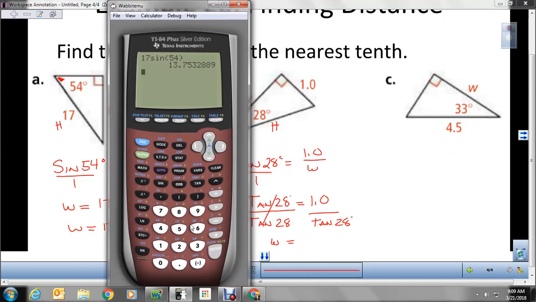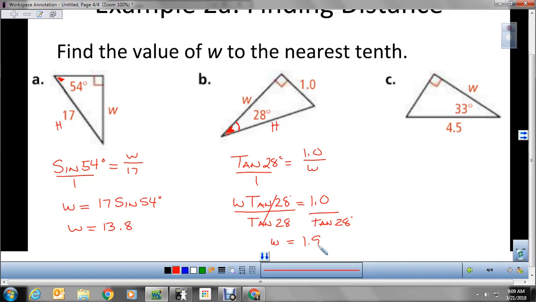And we take 1, you don't have to put the 0.0, divided by tangent 28. Close your parentheses, and that gives us 1.88. So we're rounding to the nearest tenth, which means this 8 is going to round up to 9. So our answer is 1.9.